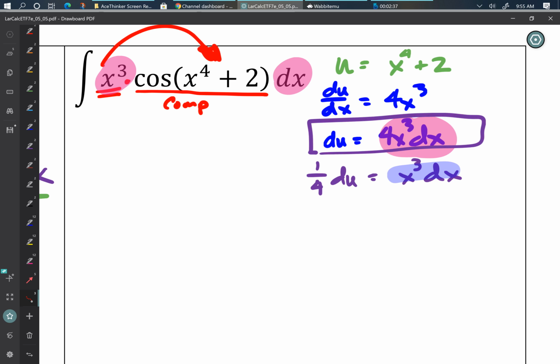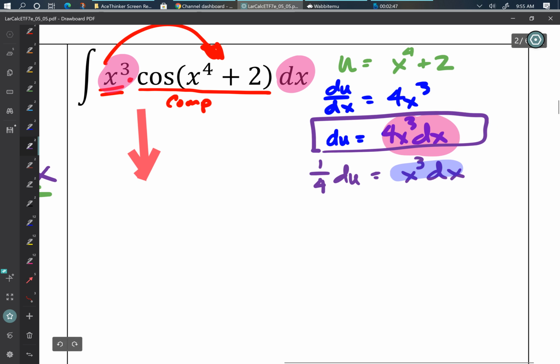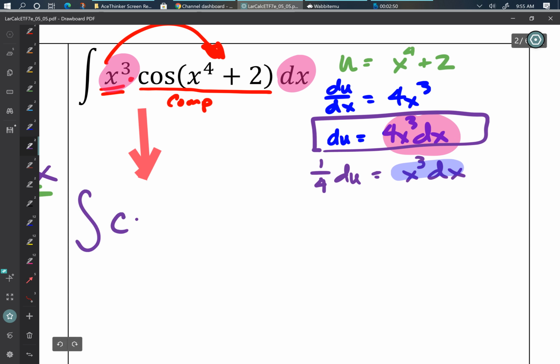Now that I've got the u picked and I've got the du figured out for the substitution, I can actually do the substitution. So now by substitution, this becomes the integral of the cosine of u times 1/4 du.